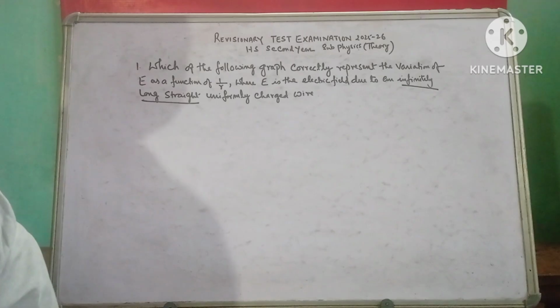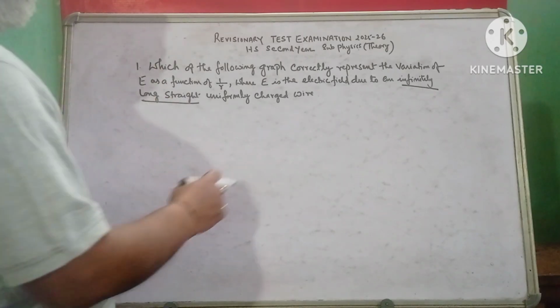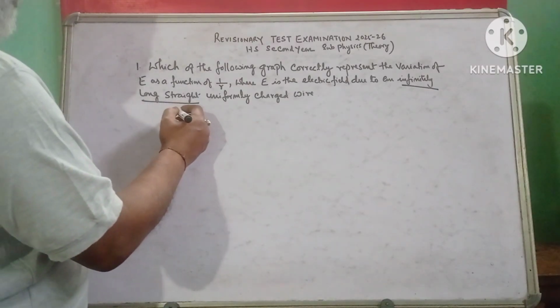So here, what happens? We know infinitely long means the electric field at infinity is zero.